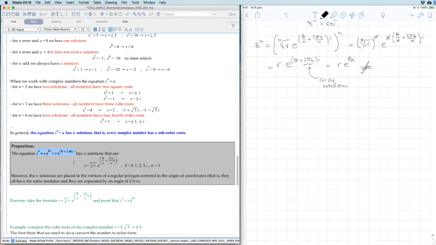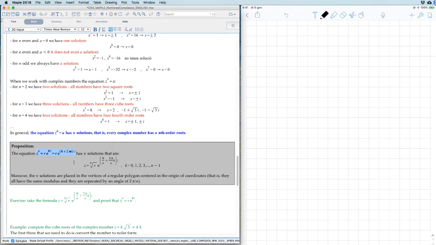Let's compute the cube roots of this complex number. Okay, so we have z, which is going to be 4 square root of 3 plus 4i, and we want to compute its cube roots.